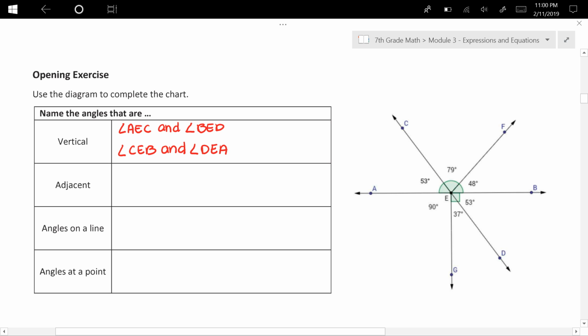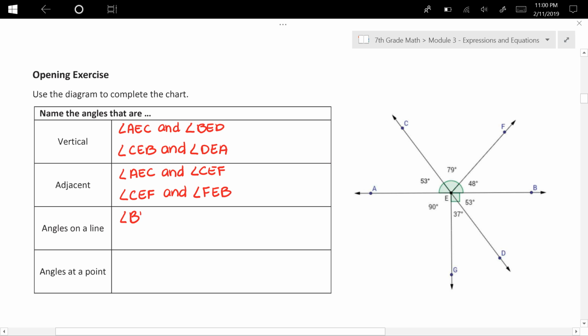So adjacent angles, here are a couple of them. Angle AEC and angle CEF. We also have angle CEF and angle FEB.